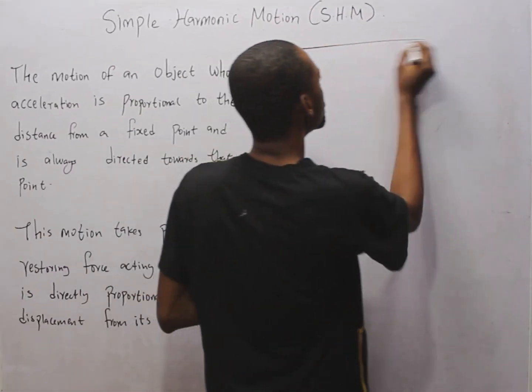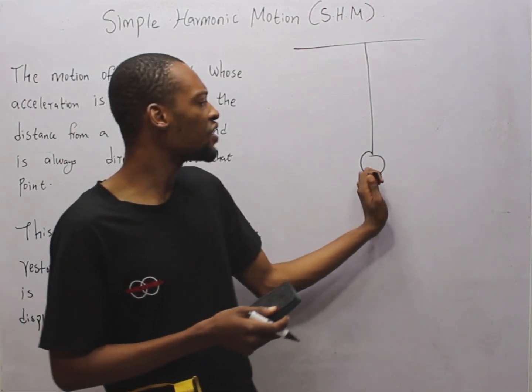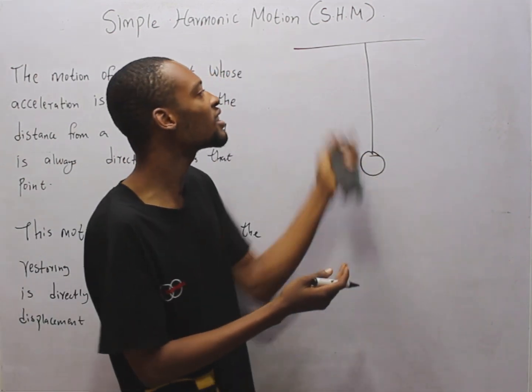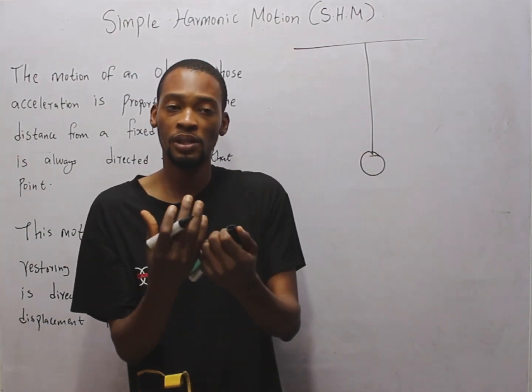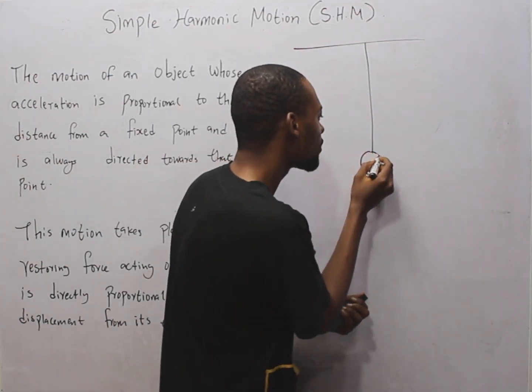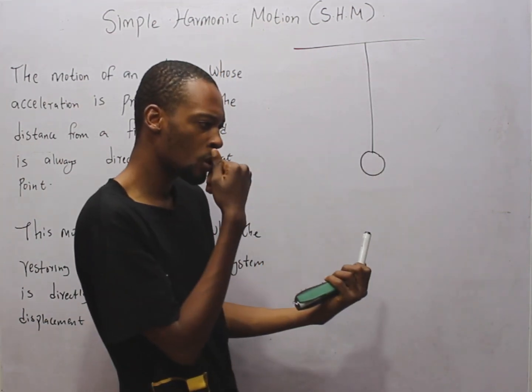If this is a body undergoing simple harmonic motion, at this point, we can say that this body is at rest. Let's call this a simple pendulum. When you displace this body, you push it, it swings to and fro.